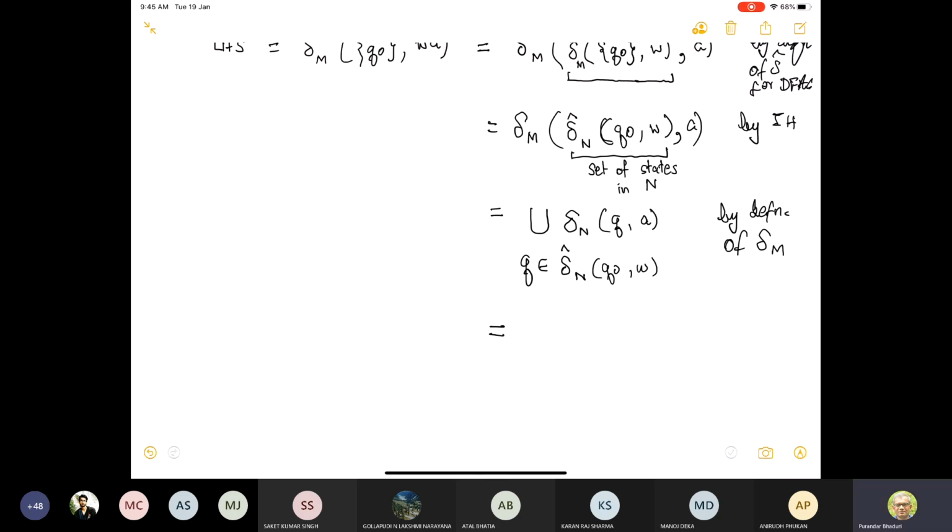What is the next step? Apply the definition of delta hat N, right? Yes. So this by definition of delta hat N is delta hat N of Q0 WA.